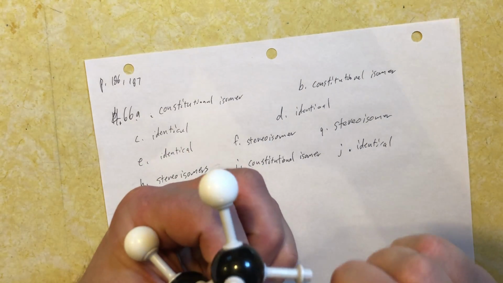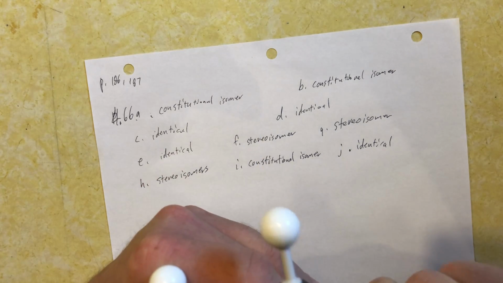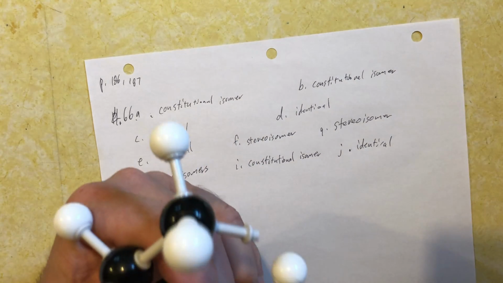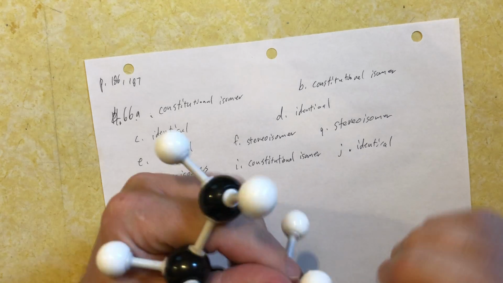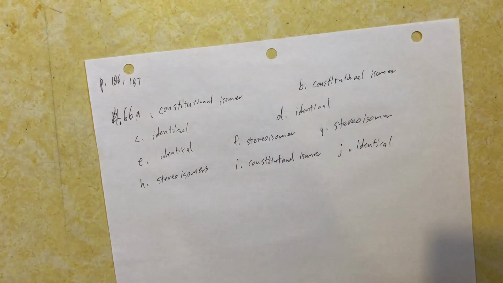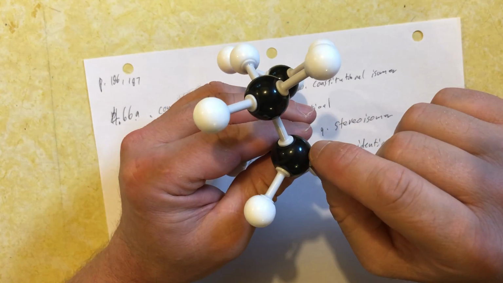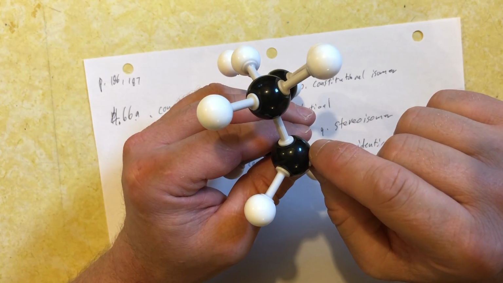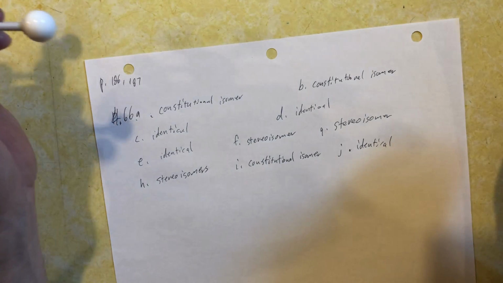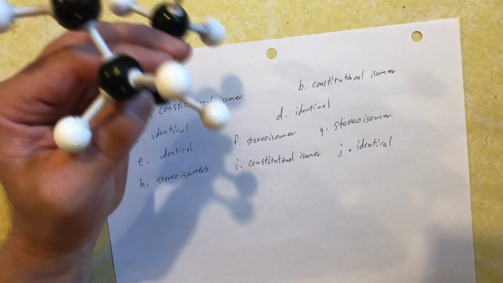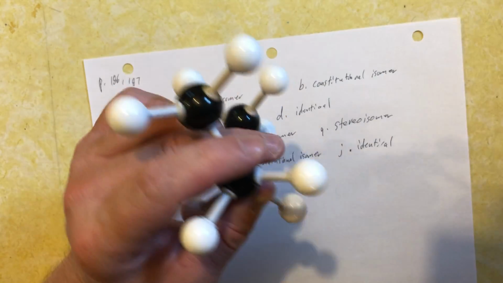Okay, got that one. So I'm looking at this one. Down this carbon, this is what I have. I need one more of those. Which one am I on, J? Oh, I need a couple more of those.